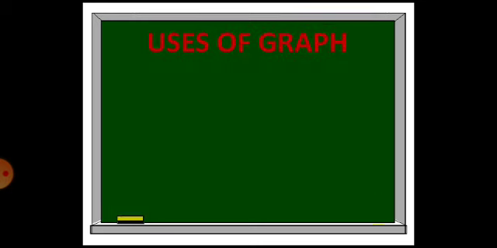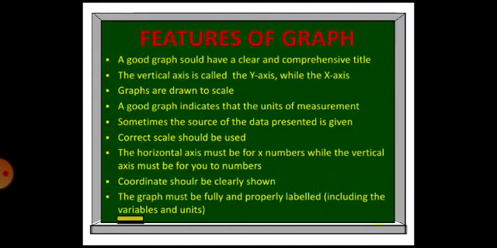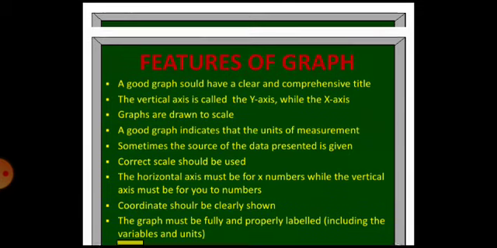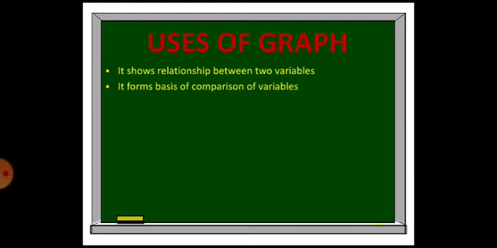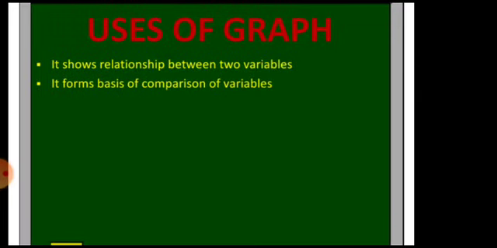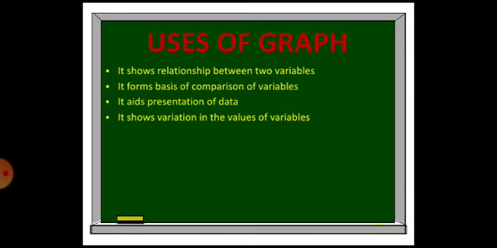Now, what are the major uses or importance of graphs in economics? A graph shows the relationship between two variables like I've mentioned. It aids understanding and presentation of data. A graph is the basis of comparison of variables.